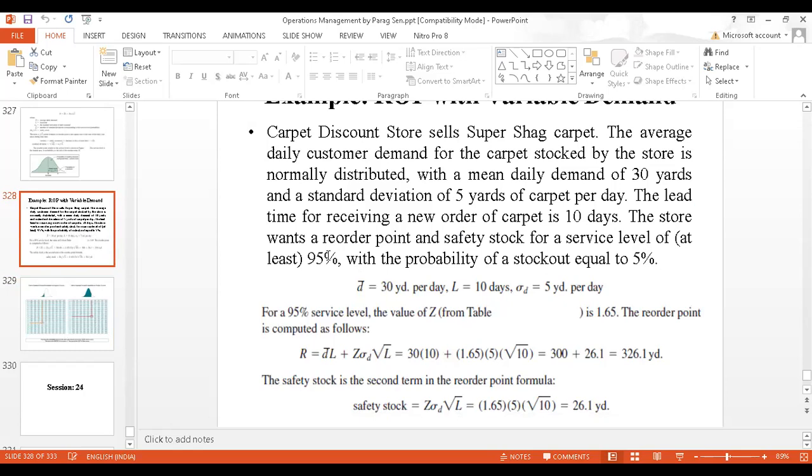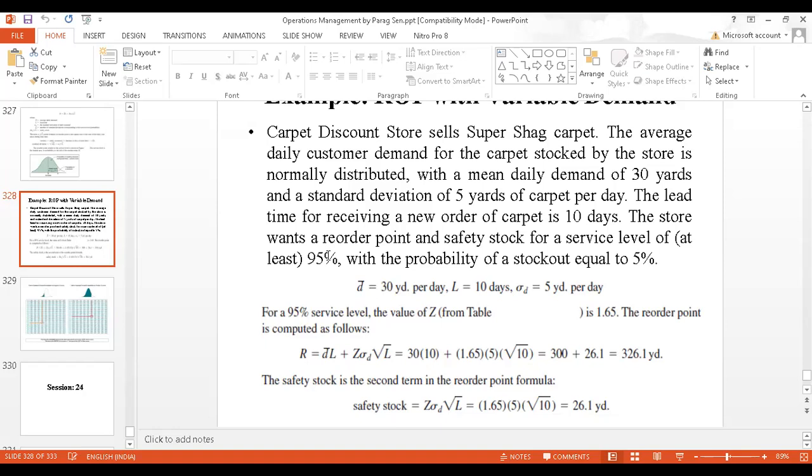Nobody desires 13% service, and the service level cannot be less than 50%.